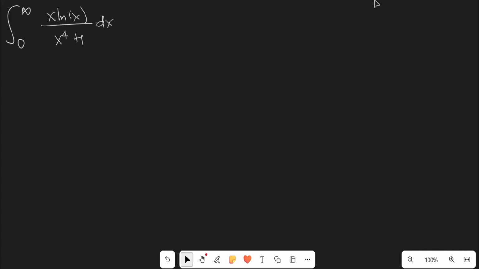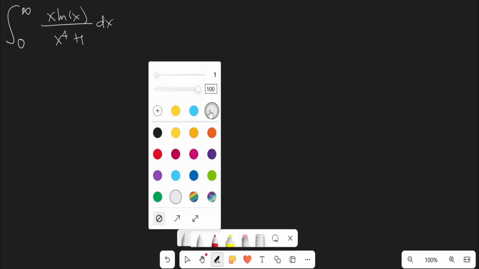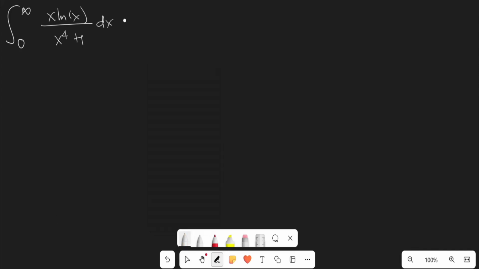So let's look at this integral. Let's try to rewrite this. Let's try to divide the numerator and the denominator by x squared.